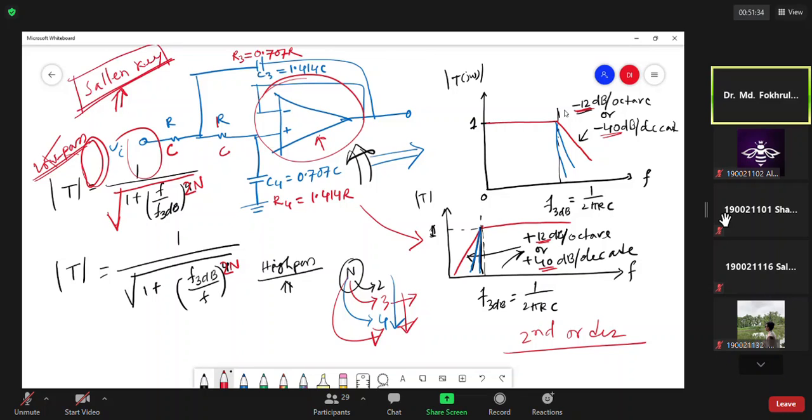Using the Sallen-Key structure, you can develop second order, third order, fourth order, low pass, high pass, band reject, all you can design from this one. So maybe I can conclude my discussion here, and if you want more, we can discuss on Sunday after the quiz.